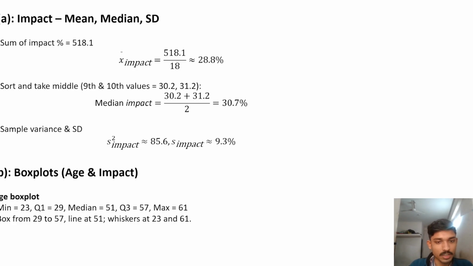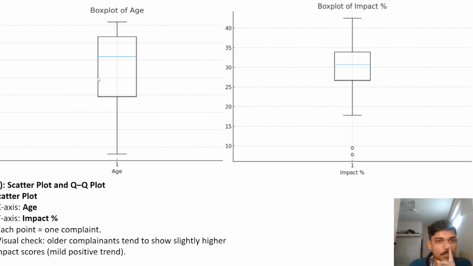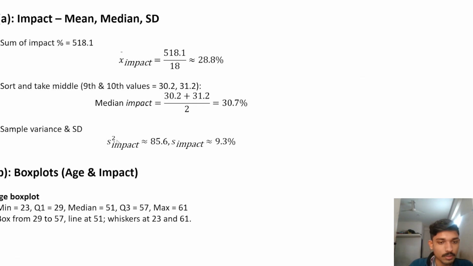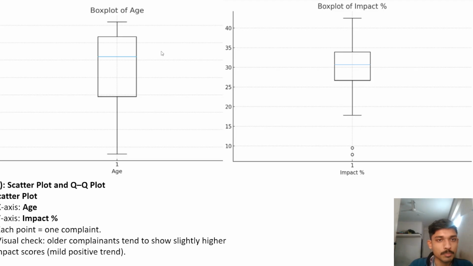The box goes from quartile 1 to quartile 3, and the whiskers are at the minimum and maximum, which are 23 and 61. So this is the box plot for age. The blue line indicates the median, the upper and lower lines indicate the whiskers, and the box indicates the quartile 1 to quartile 3 range.